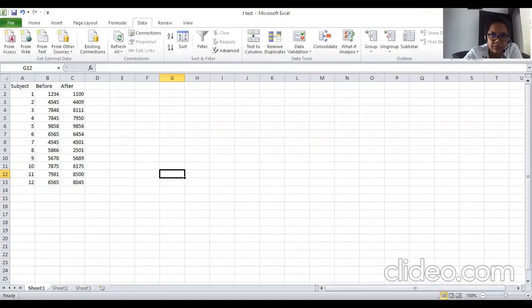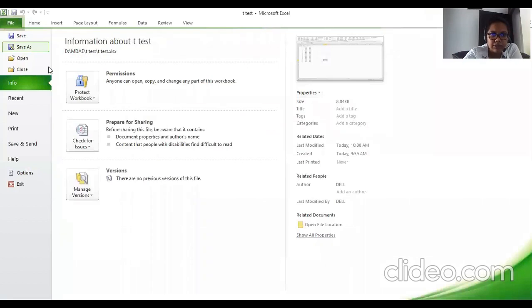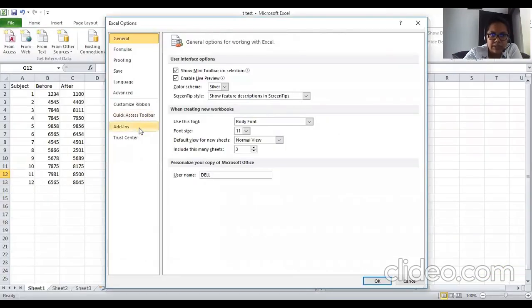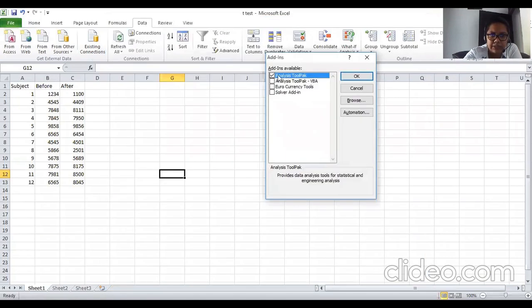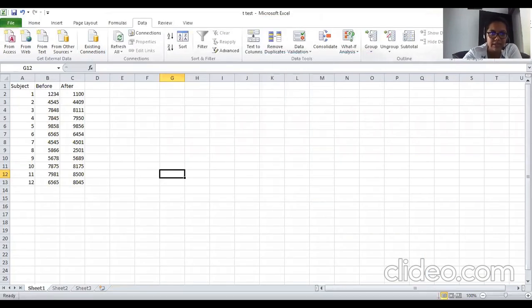If it is not available, you have to make it available. Go to file, options, and go to add-ins. Here you can choose Excel add-ins, go, and select analysis toolpak and click OK, so that the data analysis toolpak becomes available.